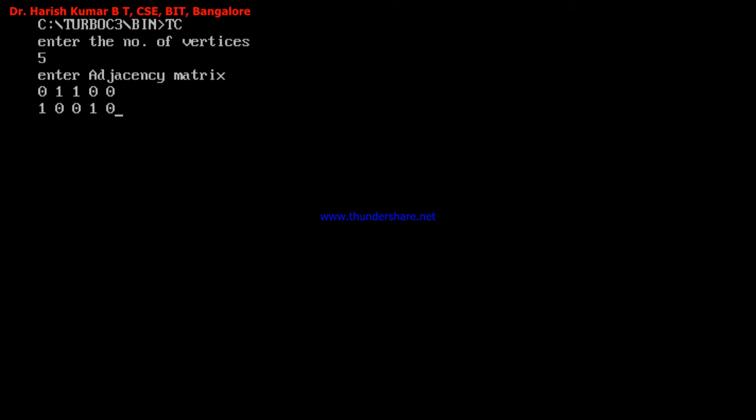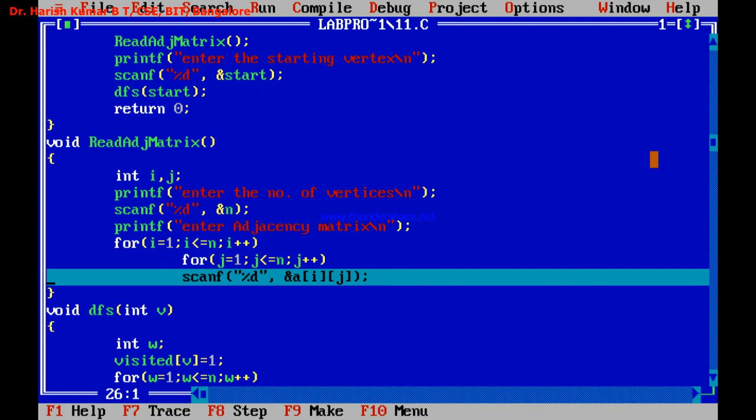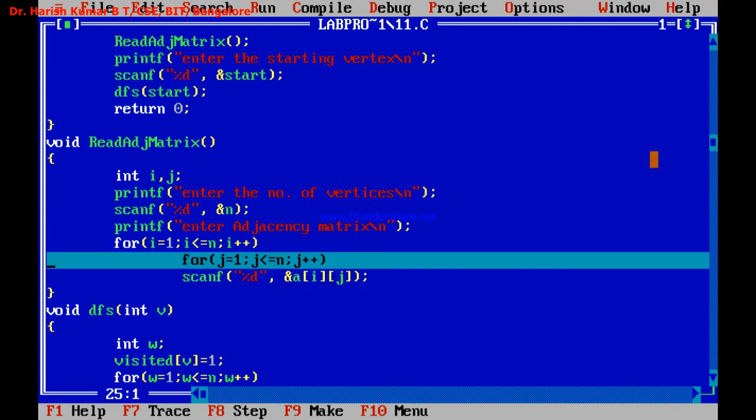Okay, thank you. Now it is reading the second row, pressing F7. Now it read the second element from the second row, third element from the third row, fourth, fifth.